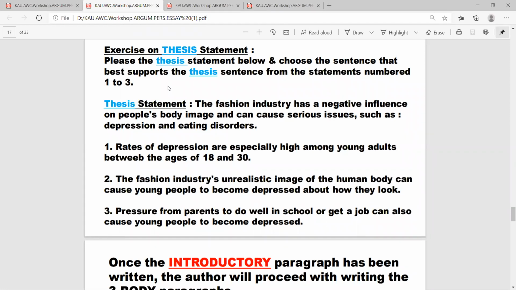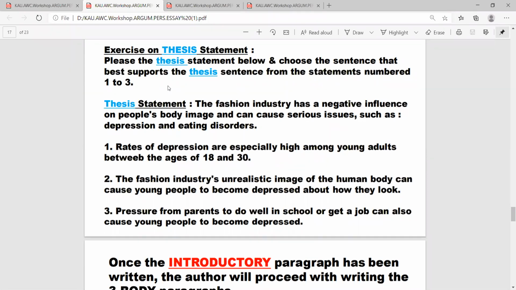Remember, a statement is a sentence that is not a question. If it is a question, it is not a statement. You're asking for information. You're asking for something to be answered. Okay, so that supports the thesis. Choose the sentence that best supports the thesis statement or thesis sentence from the statements numbered 1 to 3.